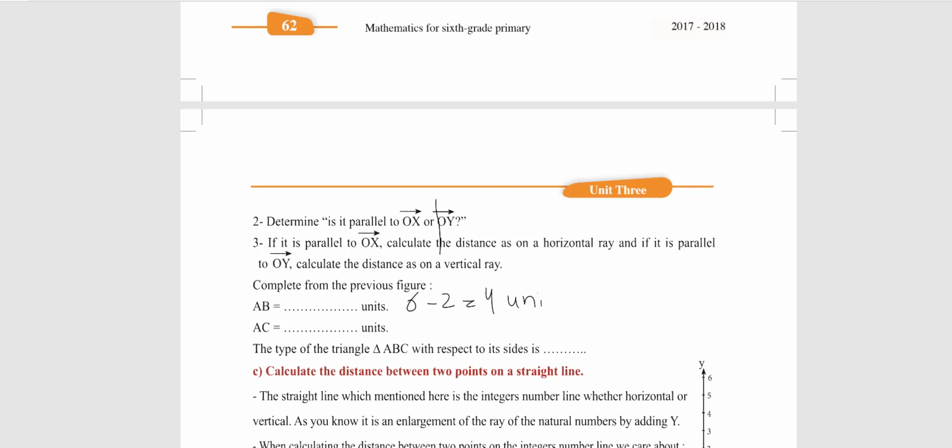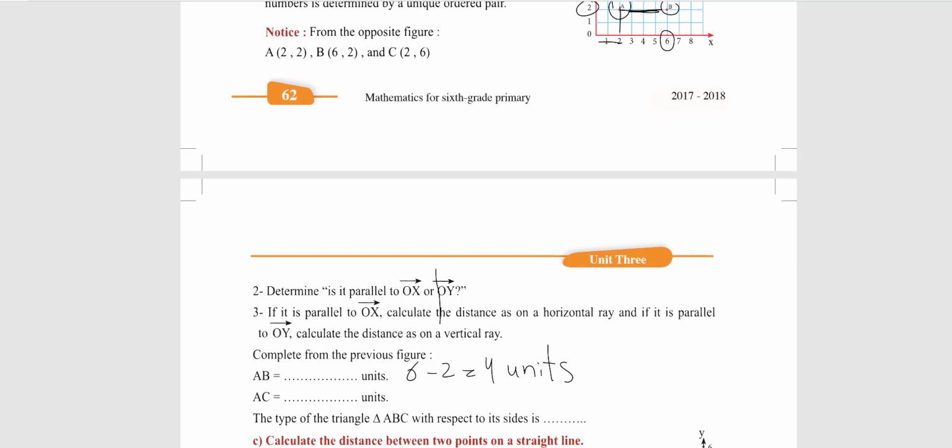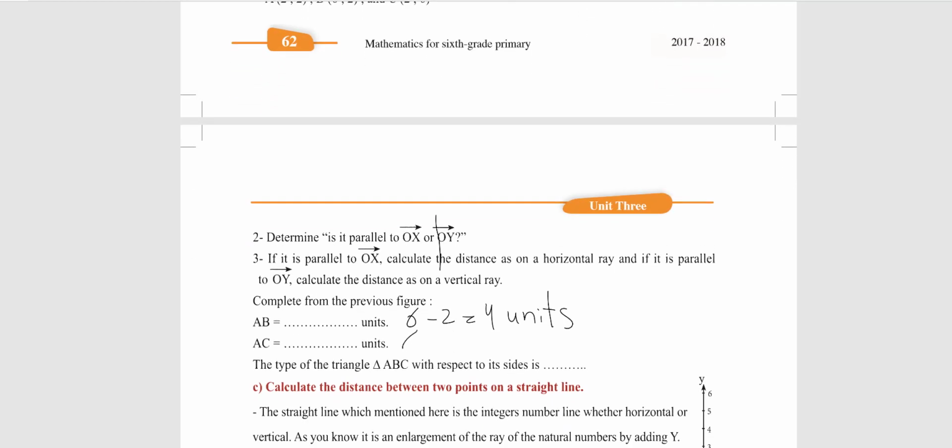And here we say units because we are on the coordinate plane. And find after that the distance between AC. The ending point of C is 6 and the starting point is 2. So the distance between them equals 6 minus 2 equals 4 units.